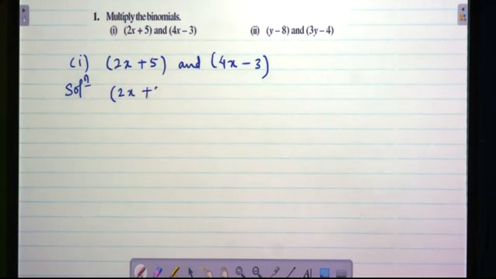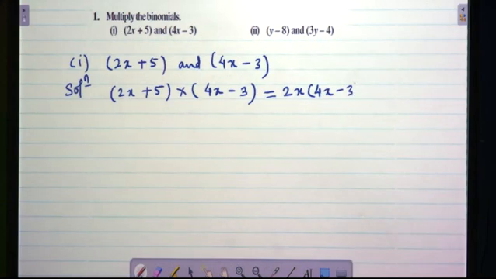2x plus 5 multiplied to 4x minus 3. This becomes what? 2x in bracket 4x minus 3 plus 5 in bracket 4x minus 3.